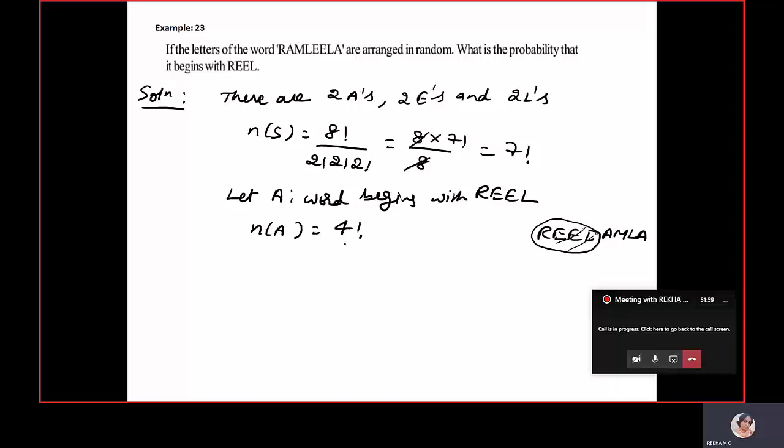So 4 factorial divided by 2 factorial, since A is repeated. So this is fixed since it begins with REEL, so we'll arrange only these A, M, L, A. 4 factorial divided by A is repeated twice, so 2 factorial. So that is equal to 4 into 3 into 2 divided by 2. So that is 12.